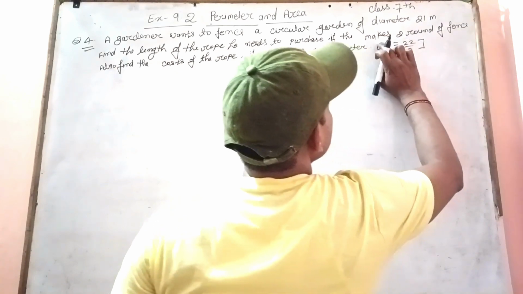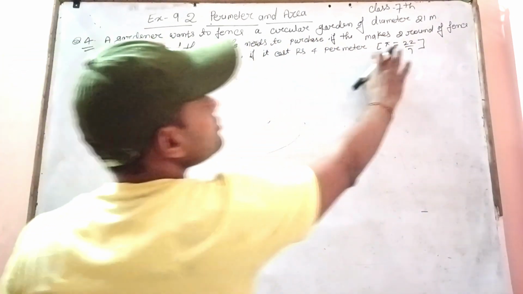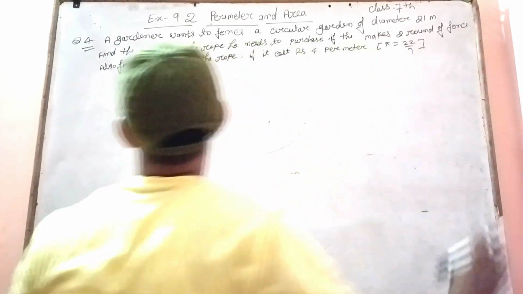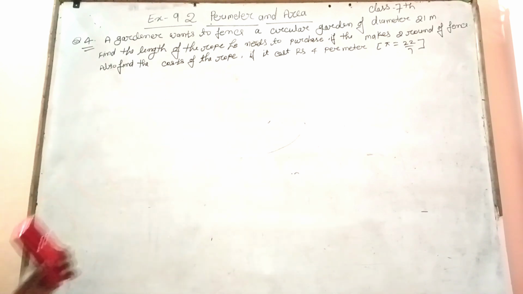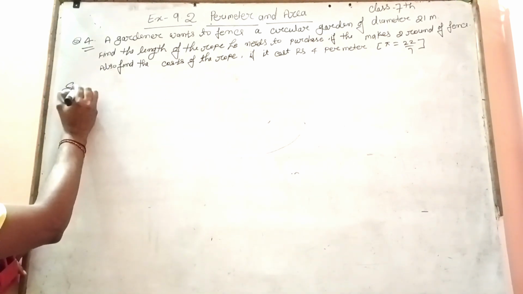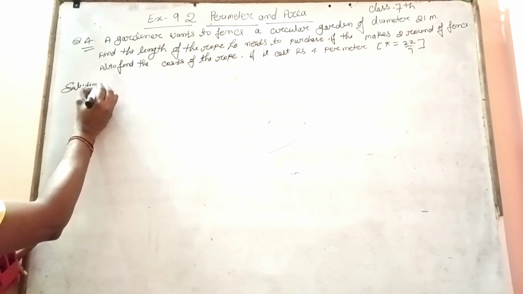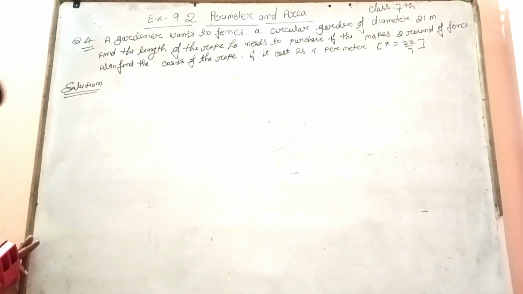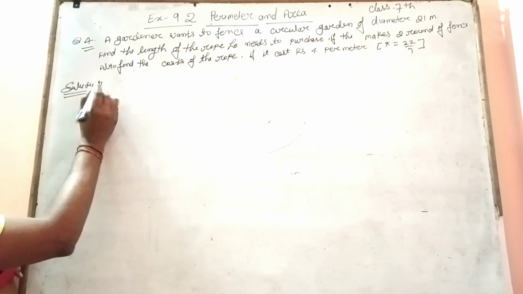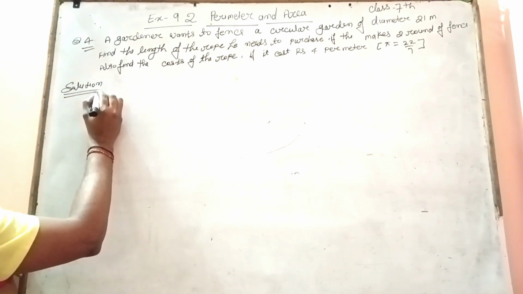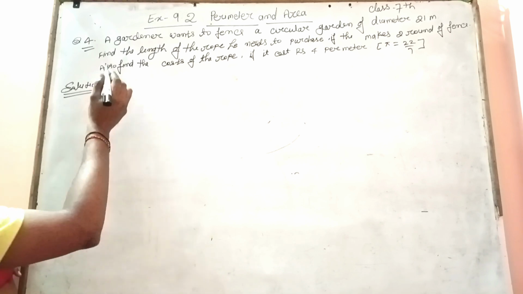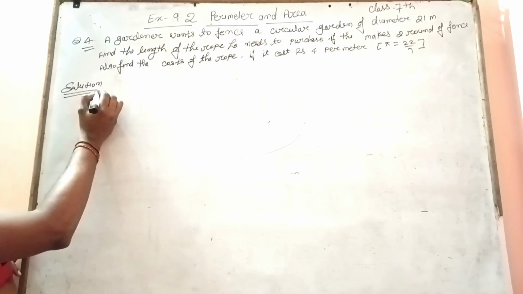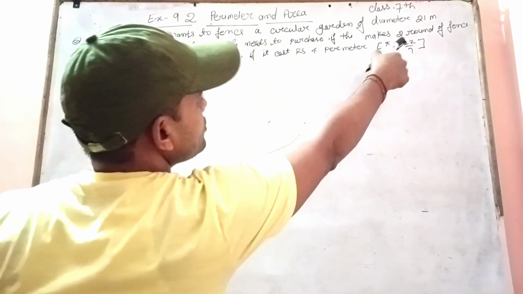Find the length of rope he needs to purchase if he makes 2 rounds of the fence. Also find the cost of the rope. Solution.